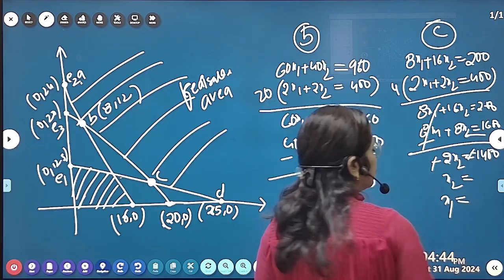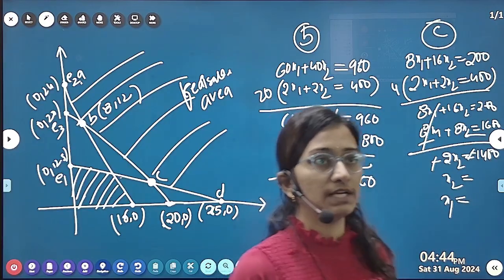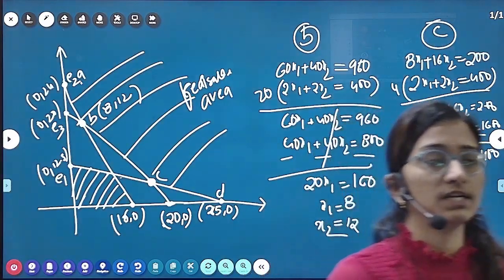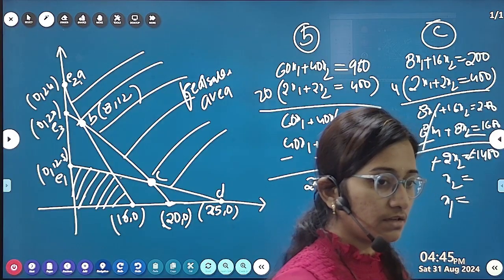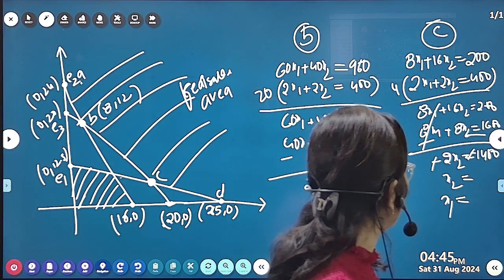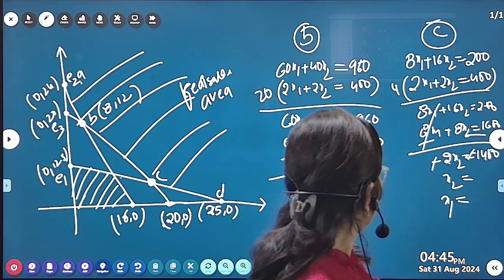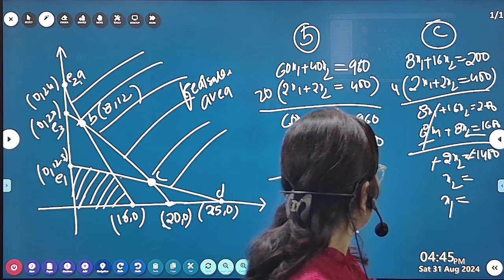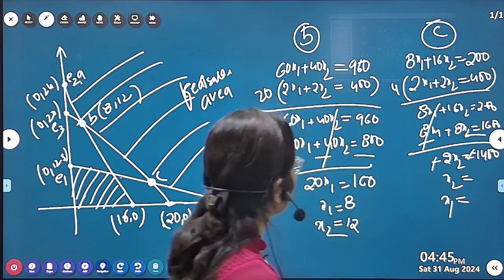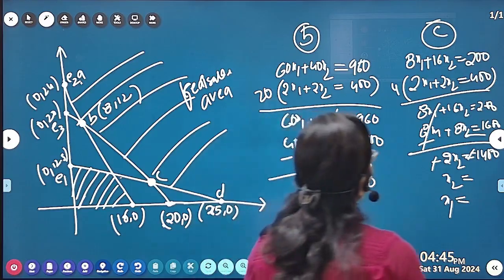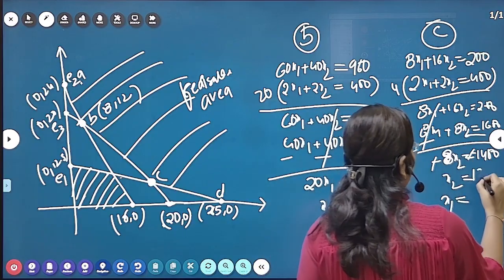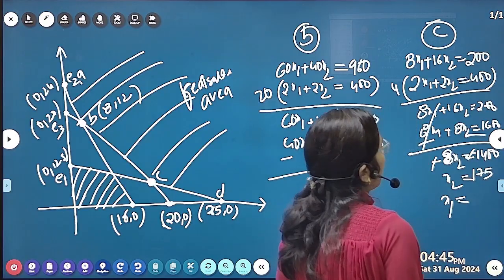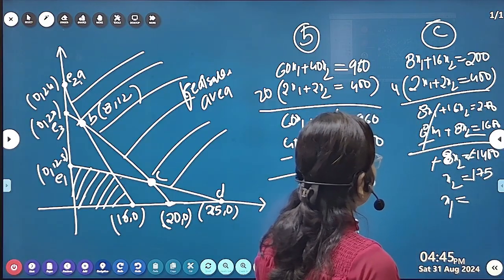So what's the value of x1 and x2? Tell me. Are you getting it or not? 170. Yes, such a big number doesn't usually come. 16 minus 8, this is 8, right? Okay. 175. Next.